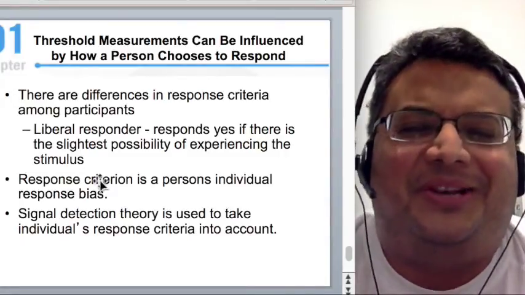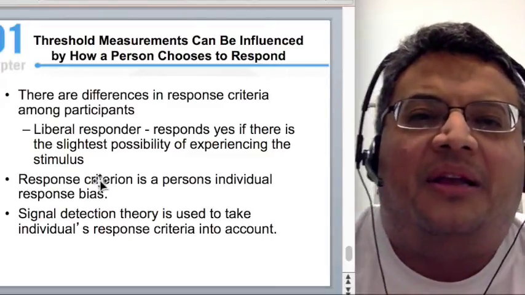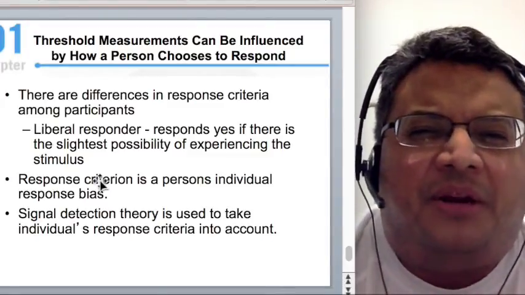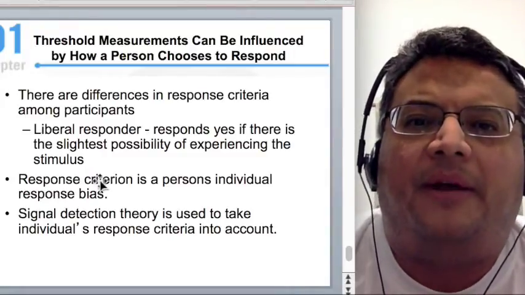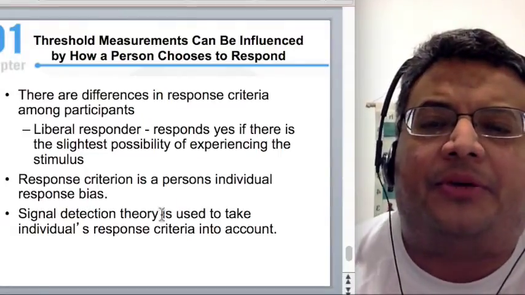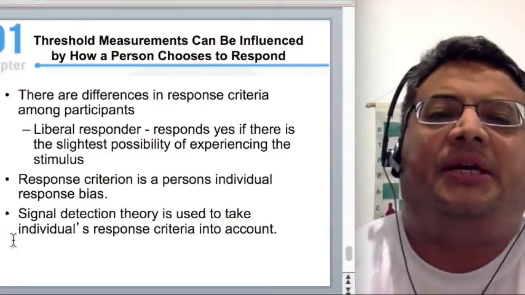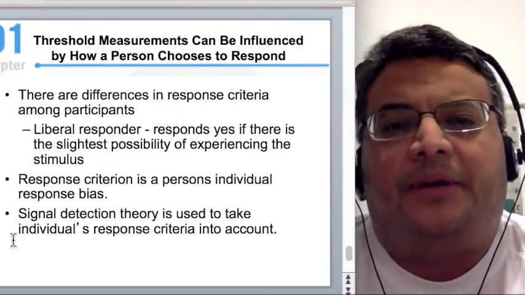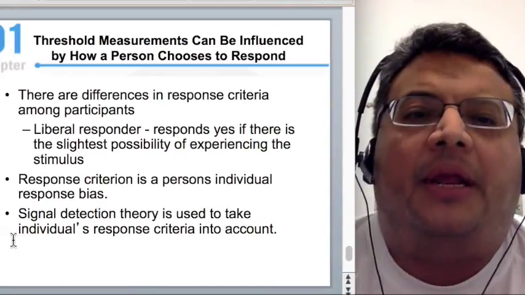So what they do is they'll hit the button or say, "Yeah, I saw it," even if they're just barely sure or not really sure that they perceived something, they'll say they did, right? Each person has a certain response criterion. In other words, each person has a response bias, whether they tend to be liberal responders or more careful about the way they're responding.